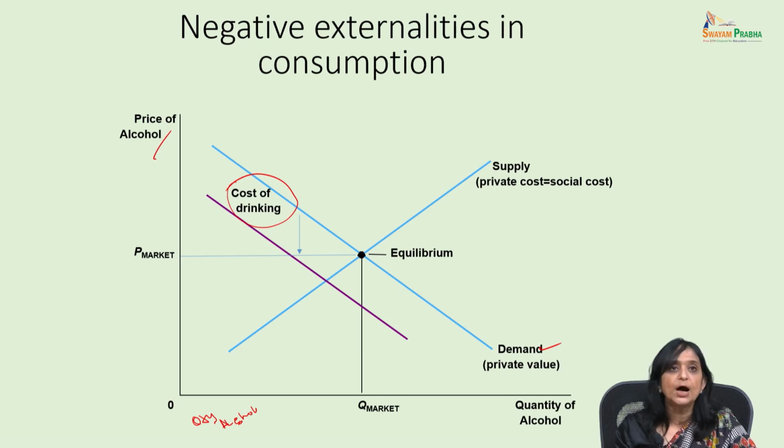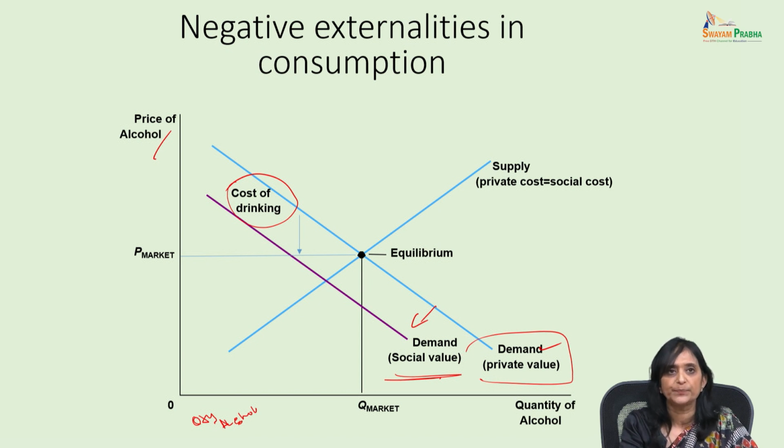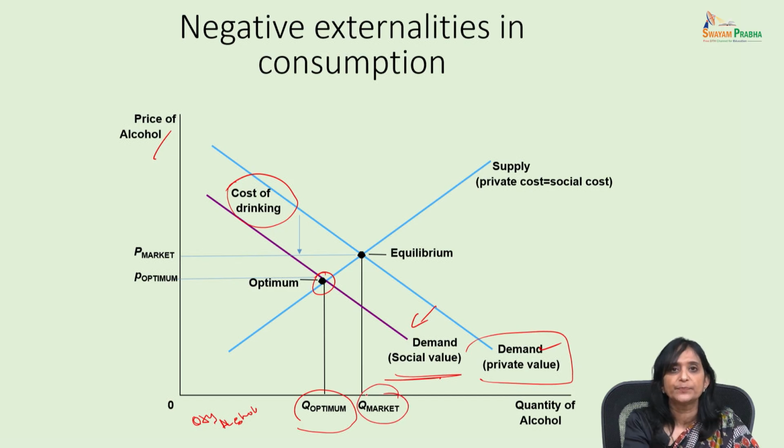When we take into account this cost of drinking, we see the demand curve shifting inside, because socially the demand for alcohol should be less compared to the demand which individuals are privately making. So we see the demand curve coming down, the purple line. In this case also, the equilibrium is at that point optimum, where the actual quantity of alcohol should be less than what the market is allocating.